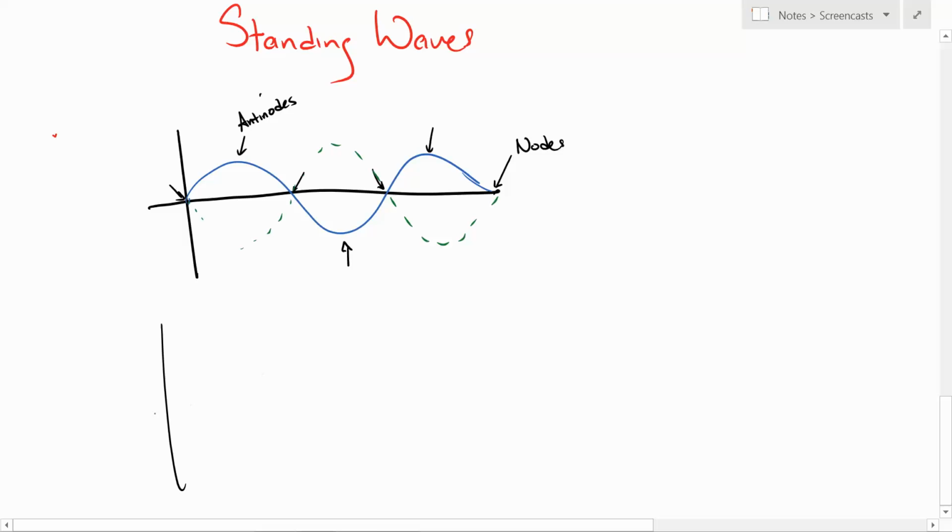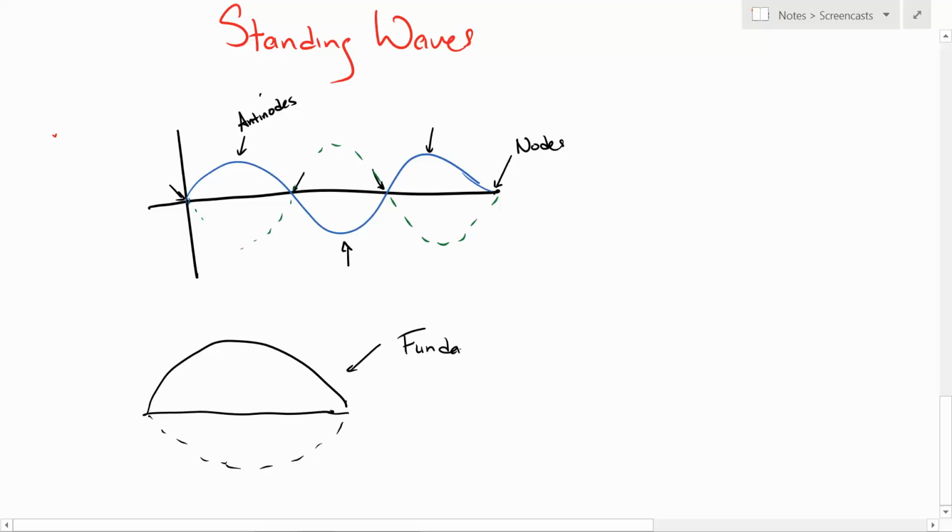So when we look at this, the first wave that can fit on a string of length L like this is this waveform. So this is going to be the fundamental or first harmonic. And so there's a specific wavelength that does this.